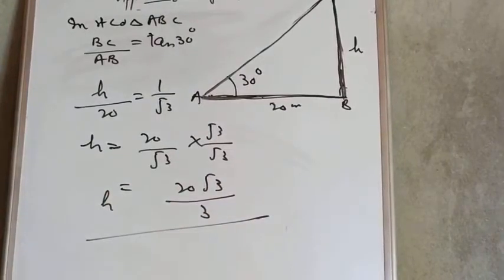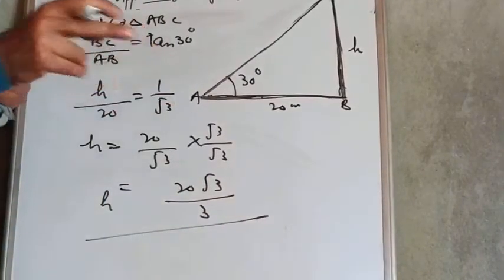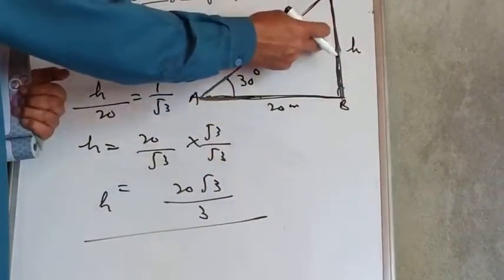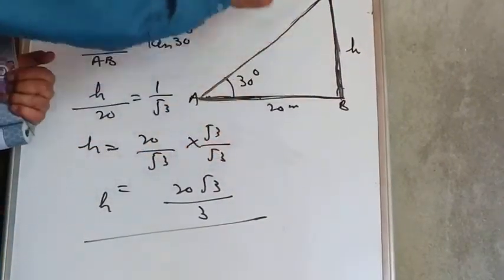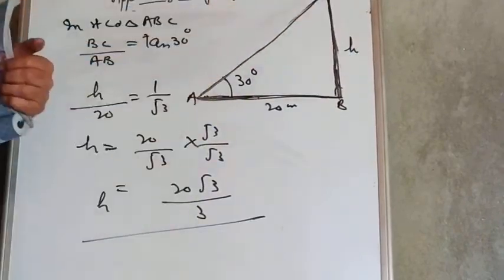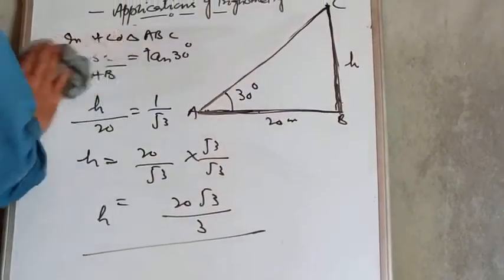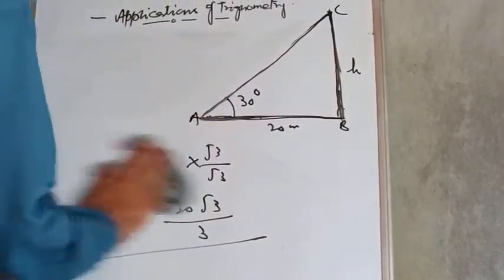First of all, you should remember that you will involve those two sides of a triangle in which one is given and one is to be determined. The one which is to be determined should be taken as the numerator. So this is the trick I must say.